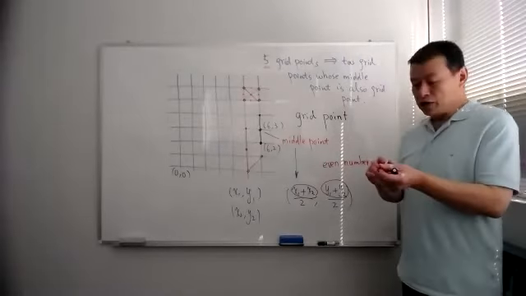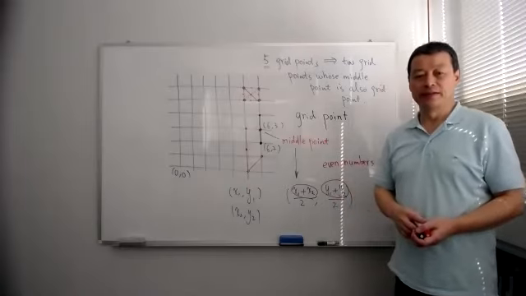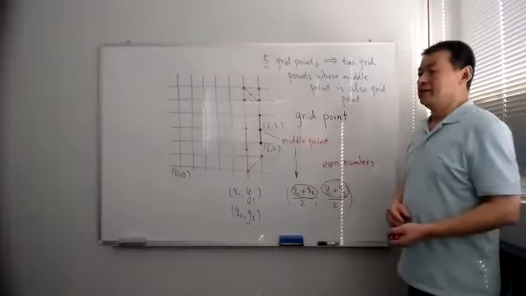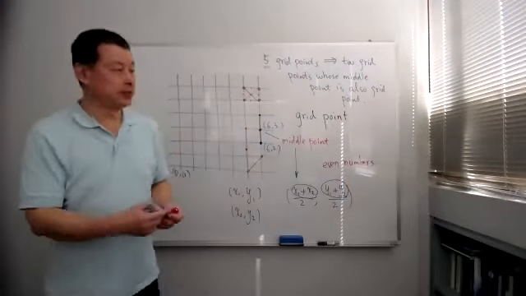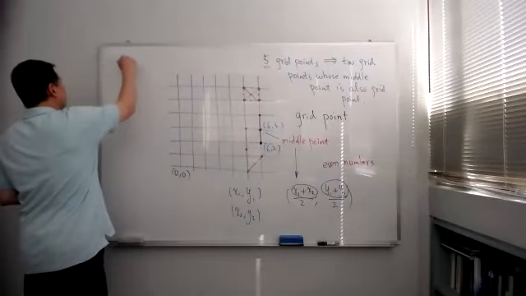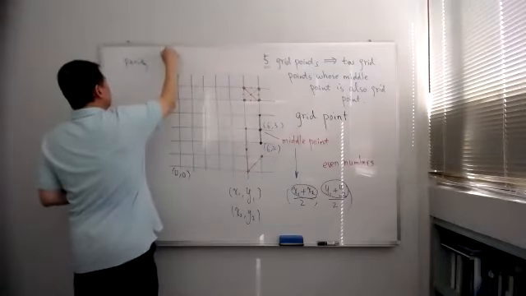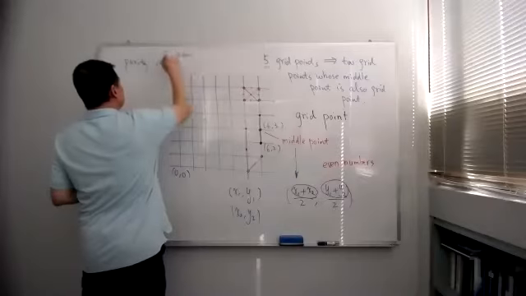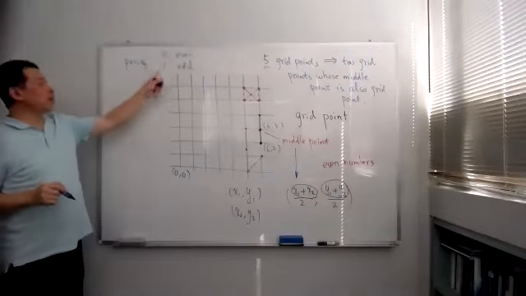Now, when the summation of 2 integers is an even number, that's about the parity of a number. A parity of a number can be even or odd. Let's use 0 to denote an even number, 1 for an odd number.